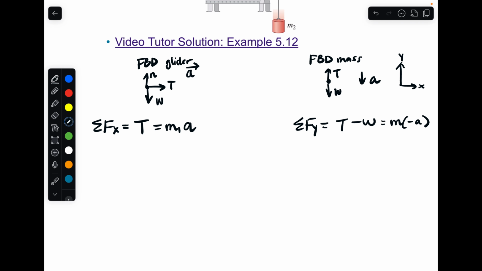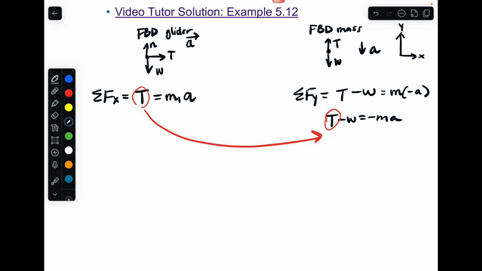So now we are going to solve for acceleration. We need to eliminate an unknown. The unknown we need to eliminate is tension. So I'm going to solve for tension and insert it into the other equation. Here I'm going to get M1A minus W2, which is M2G, equals negative M2A.